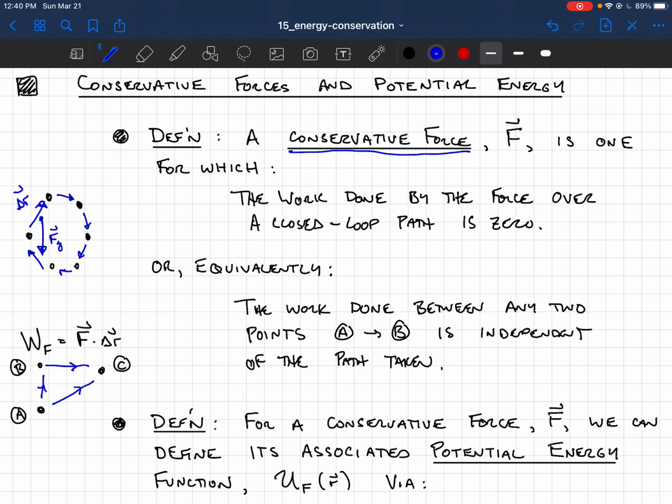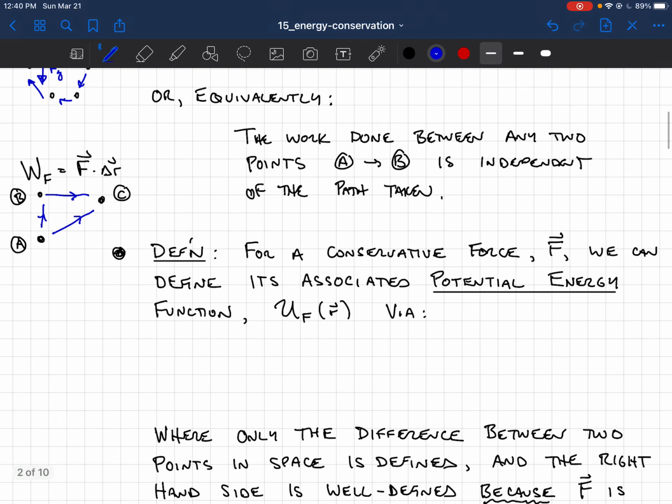So if you have a conservative force, then that allows you to define something called the potential energy function. Let me write down the definition, then we'll talk for a moment about what it is. If you have a conservative force F, then we can define U_F, which is a function of the position in space. And U_F is defined not directly in terms of its function, but in terms of the difference between two points.